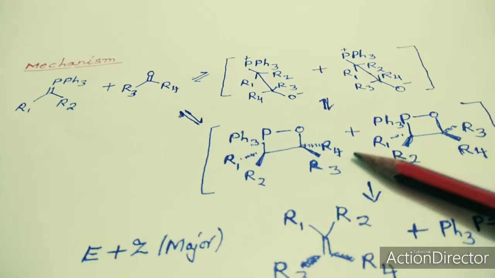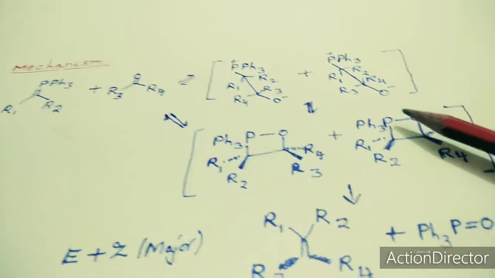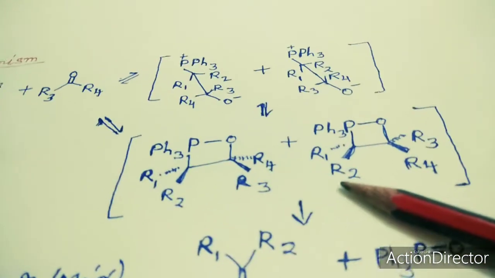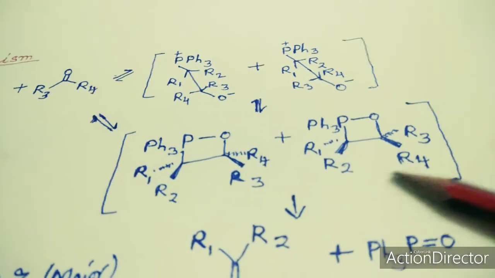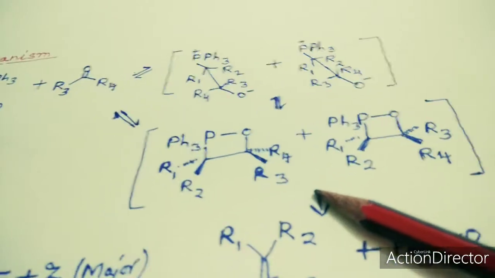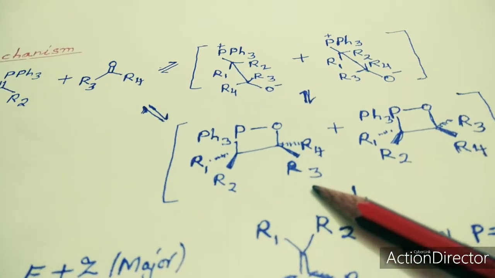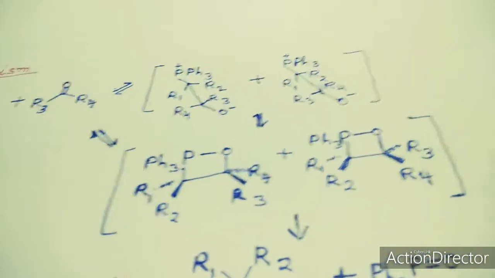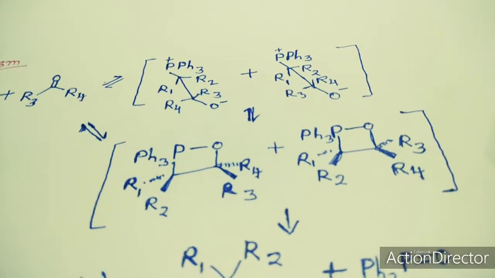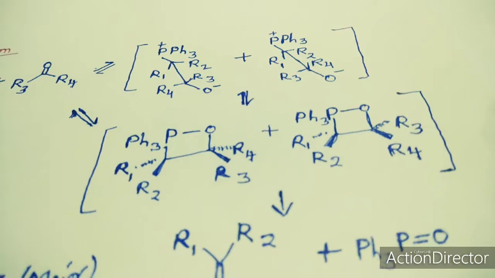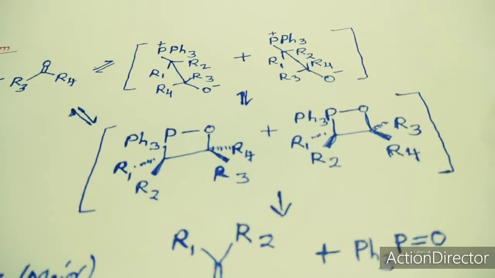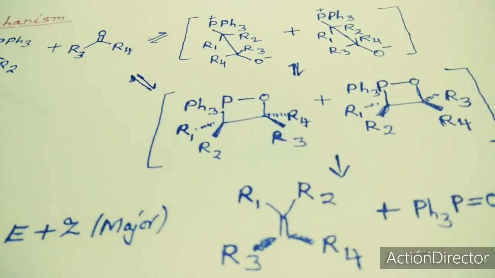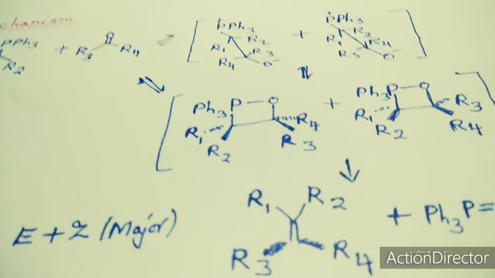On the other hand, if the oxyphosphatane is formed from the other structure, then R2 and R4 will be on the same side. In other words, when it collapses we can get a mixture of either cis or trans, depending upon what R1, R2, R3 and R4 are, we can get either E or Z.